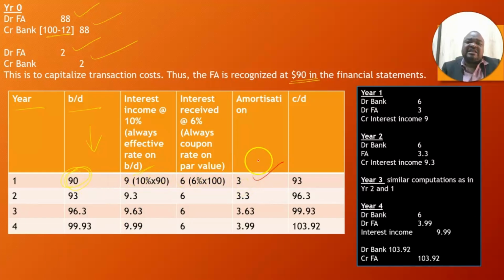And this then means that our closing balance will be 93, which is 90 plus 9 minus 6, right? So under exam pressure, sometimes this column might confuse you. So if you simply say 99 minus 6, you have to come to 93.